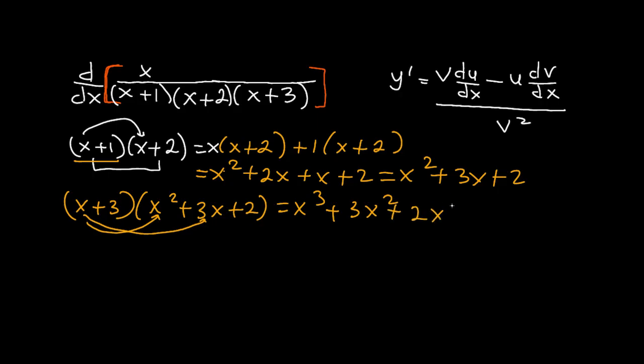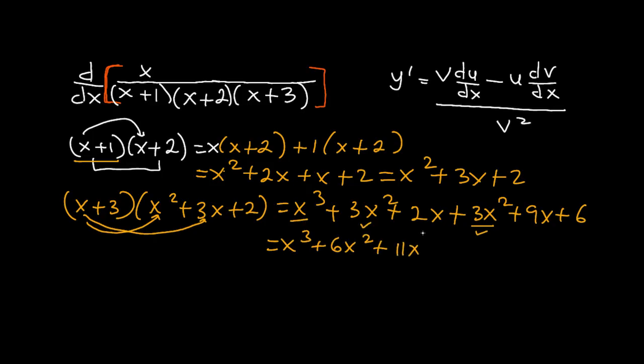Then go to 3 now, plus 3 times x squared, that's a 3x squared, 3 times 3x is plus 9x, and finally 3 times 2, that's a plus 6. x cubed plus 6x squared plus 11x, that's 2x plus 9x, and then plus 6. So that's the expansion for this expression.